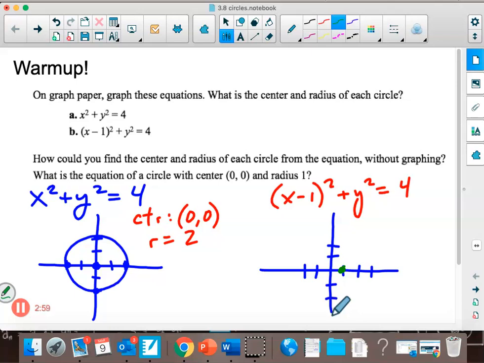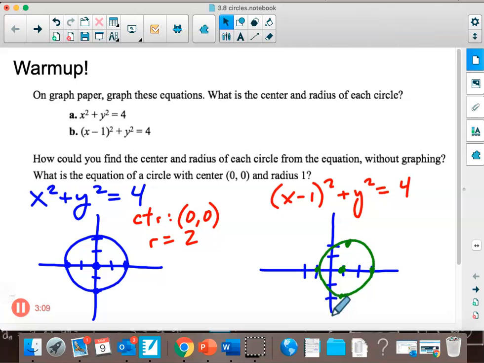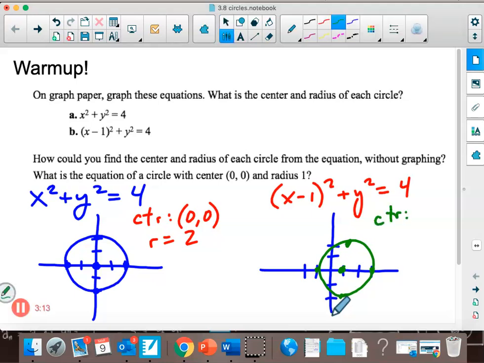No, the radius is still 2, so I go out 2, up 2, left 2, down 2, and connect the dots, pretend that that's connected. So, anyway, now for this one, our center, instead of being 0, 0, is going to be 1, 0, and our radius is still 2. All right.